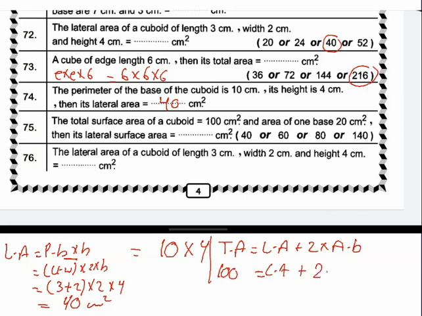So 2 times 20. So 100 equals lateral area plus 2 times 20, which is 40. Now lateral area equals which number plus 40 equals 100, or subtract: 100, that's the sum, minus the number inside, 40, so it will be 60 centimeters squared. So the number here is 60.